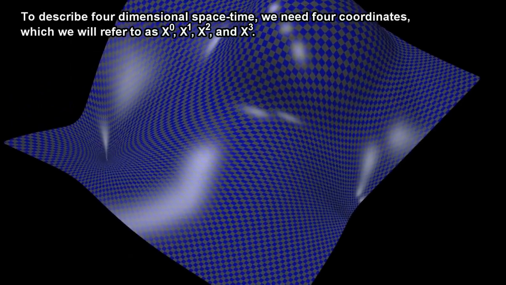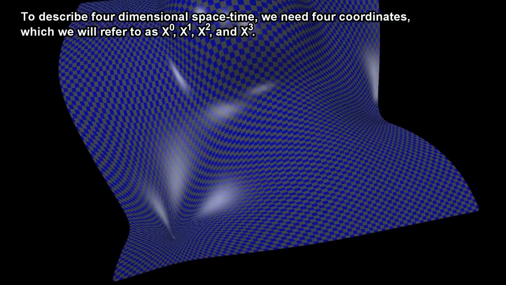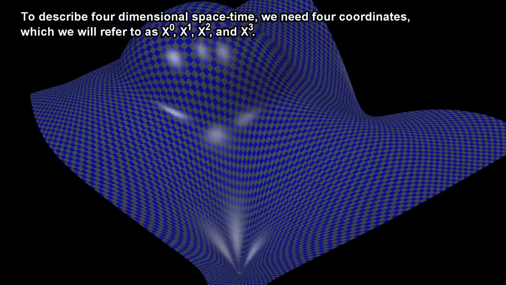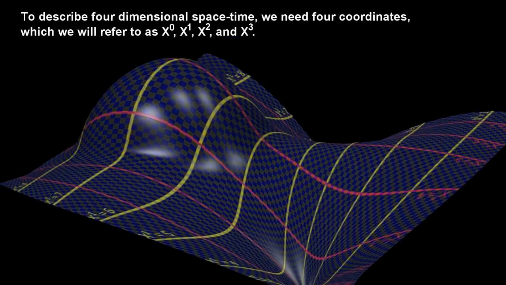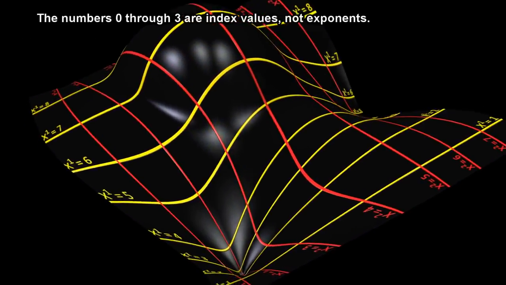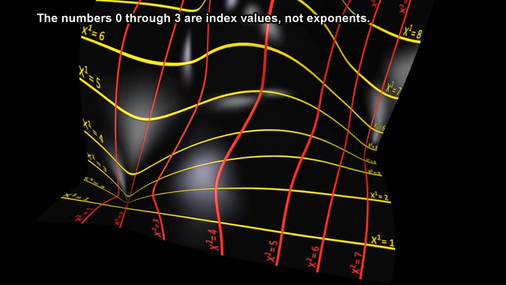To describe four-dimensional space-time, we need four coordinates, which we will refer to as x0, x1, x2, and x3. The numbers 0 through 3 are index values, not exponents.